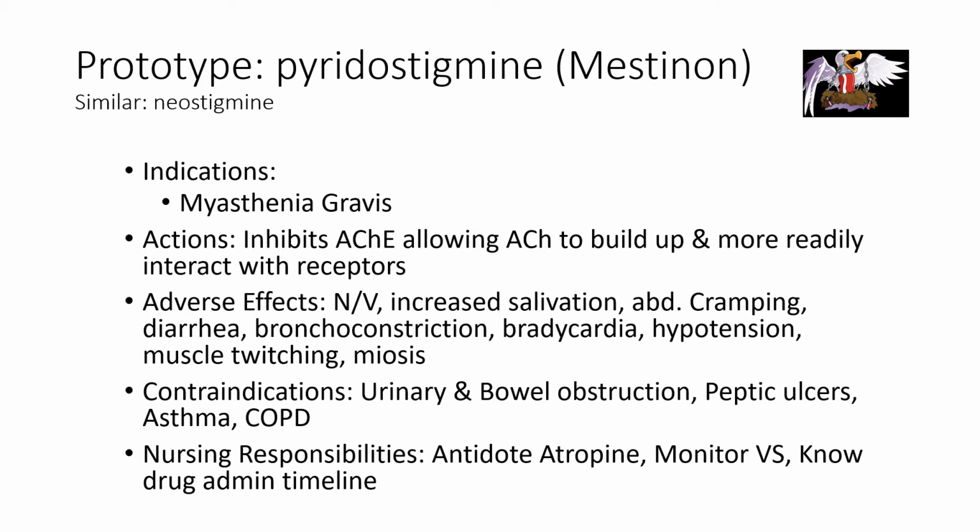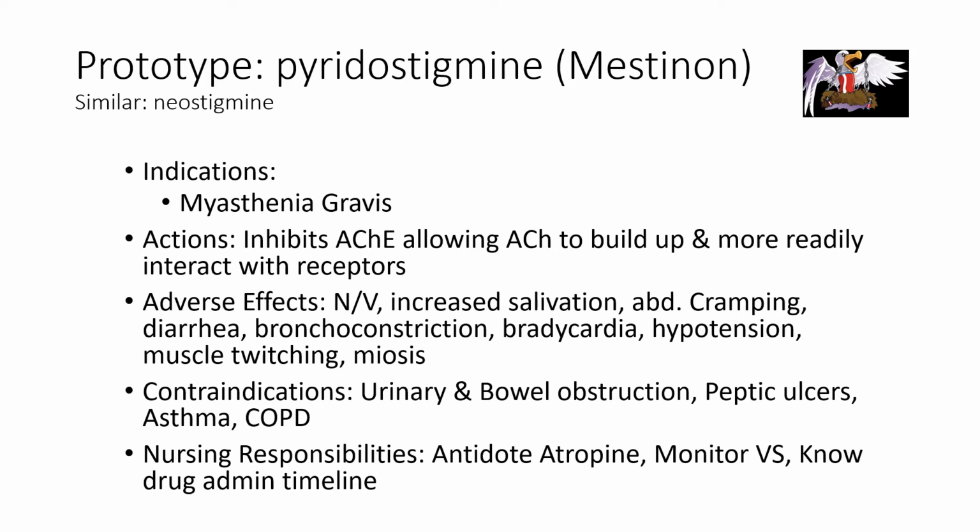So what would you expect to happen with this drug? So with taking this medication regularly, you would expect the person to have stronger muscles. So if they had weakness, the weakness should improve. If they had slurred speech, like I just had, that should improve.